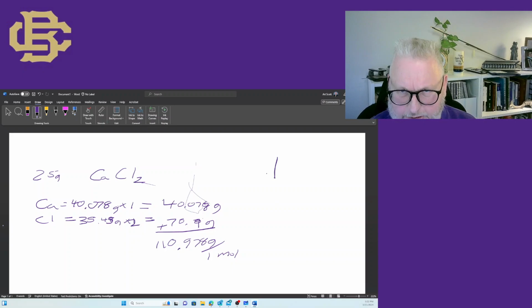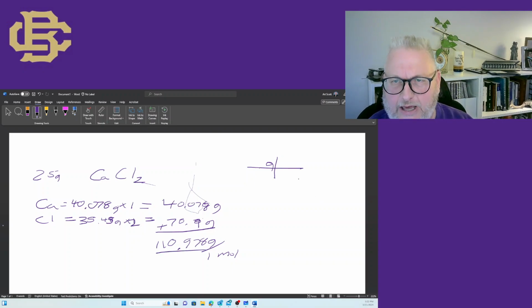So let's see. I'm going to do a little trick here. So this is what I've got, and it's in grams. Whatever the question gave me, 25 grams, I'm just going to write a G there. Whatever I see right here on this cross, then I'm going to write that here. So I know that it's 110.978 grams for every 1 mole.